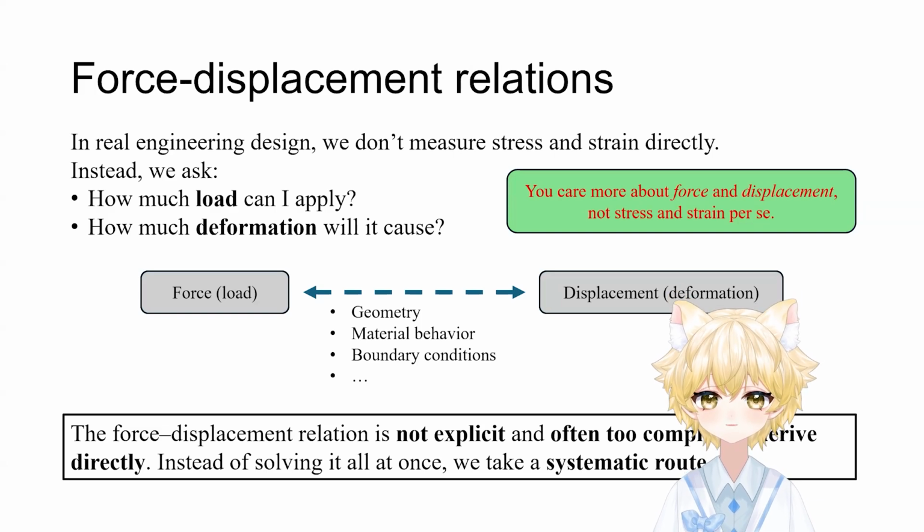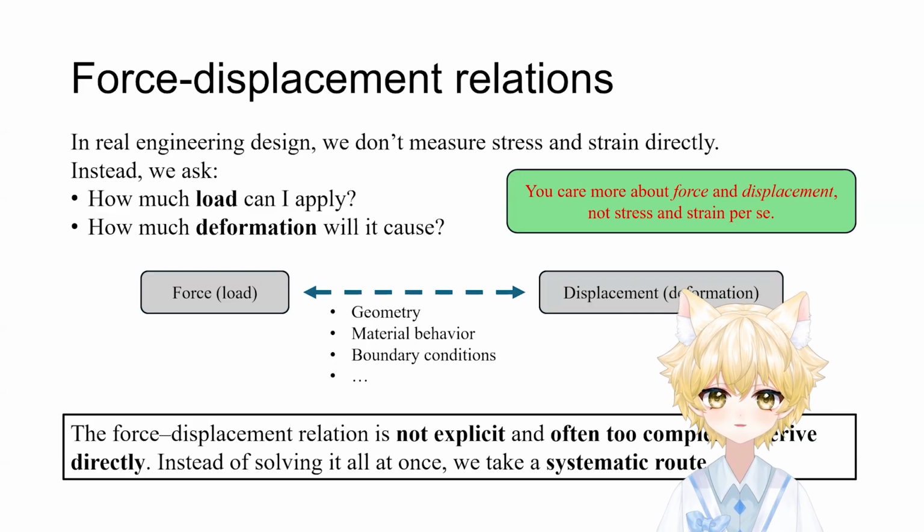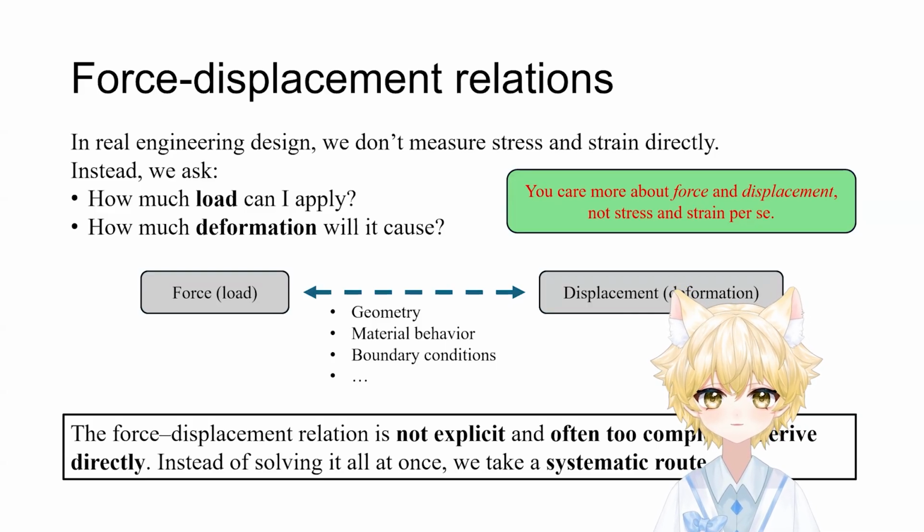Well, the problem is there is no single magic formula that directly connects force to displacement for every object. The relationship is messy. It depends on the geometry, the material properties, and how the object is held. So since we can't go directly from force to displacement, we need a systematic way to get there.